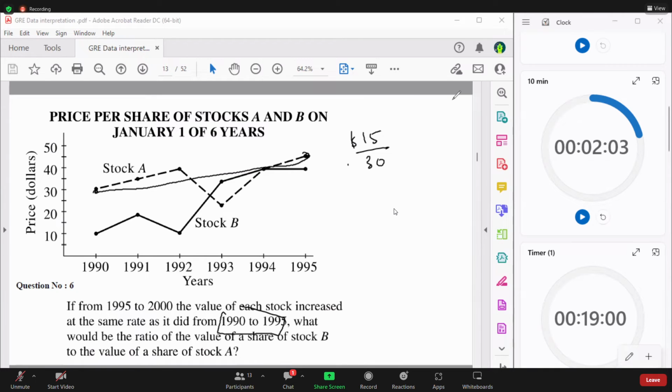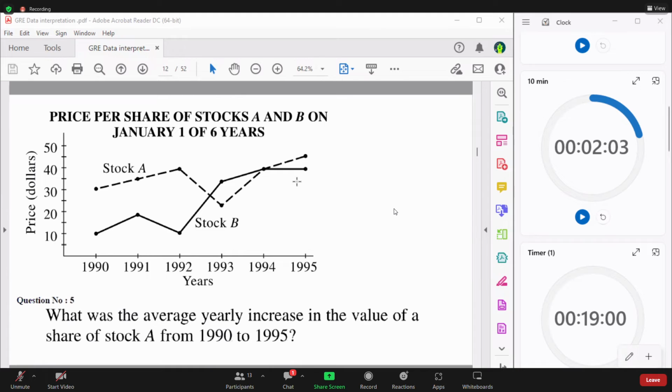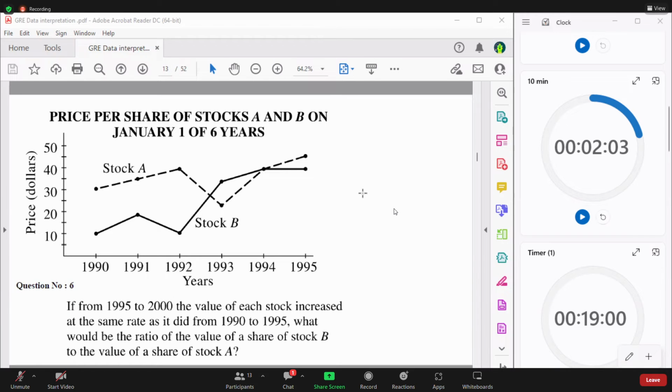One minute. It is not given that it increased at the same percentage rate, right? In the previous question, we calculated the rate in dollars per year. If the rate is constant, the slope of the line is constant, so the average growth should be constant. We shouldn't calculate it percentage-wise; it should be in dollars per year itself.